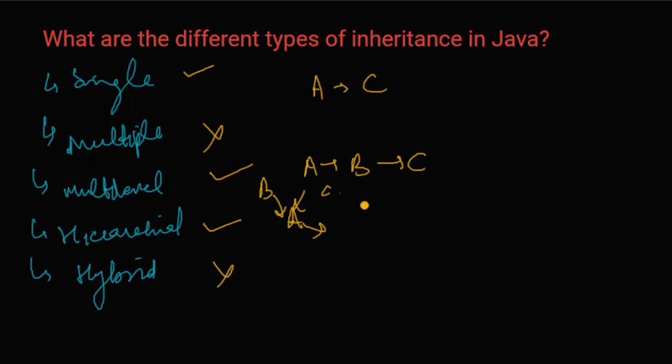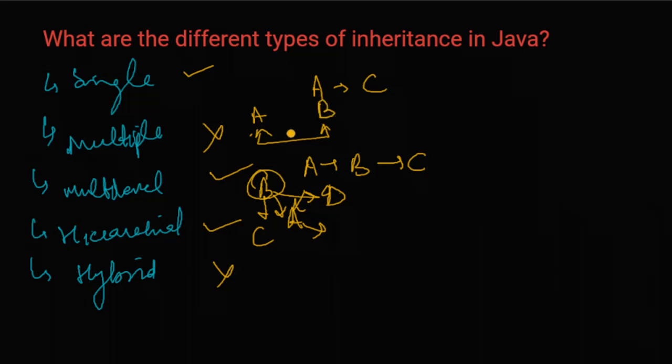So they could ask you simple things like why it doesn't happen or anything. So this is like this. A single parent can give all its properties to many children. So that's what the hierarchical one is. But multiple is actually like this.